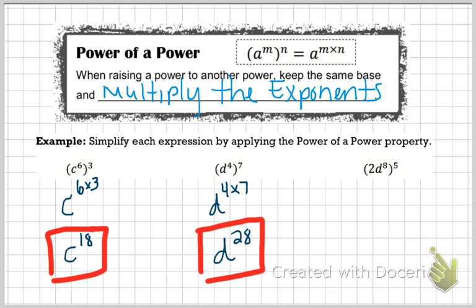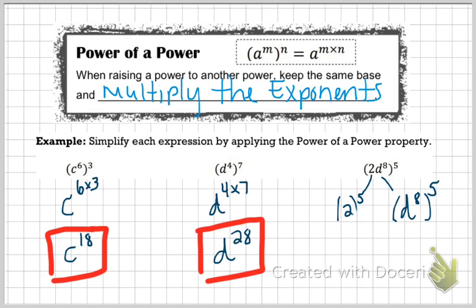Then we, of course, because math is not always simple, we come across this here, coefficient of 2. So what do you do when there's a coefficient of 2 there and a d here? Well, think about it this way. If we split these two up, this is 2 to the 5th and d to the 8th raised to the 5th.